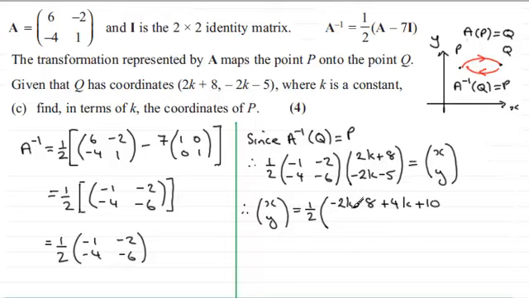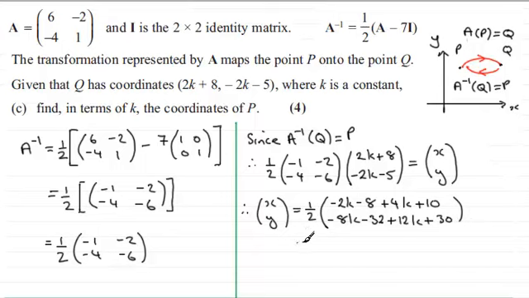For the next one, we've got to do minus 4, minus 6 times these two elements here and add those two results together. So minus 4 times 2k is minus 8k, minus 4 times 8 is minus 32, and then we've got minus 6 times minus 2k, which is plus 12k, and then minus 6 times minus 5, which is plus 30.